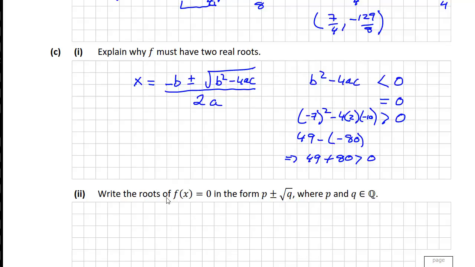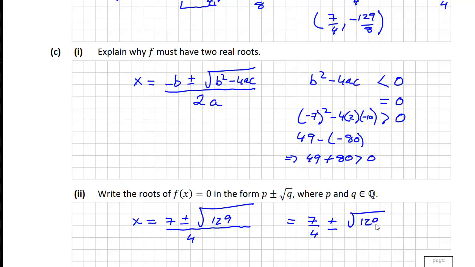And for part 2, we want to write the roots of f of x equals 0 in this form. Well, we nearly have this done. So x is equal to minus b, which is minus minus 7, which is 7, plus or minus the square root. We just calculated this to be 129. That's all over 2 times a, which is 4. So that is equal to 7 over 4 plus or minus the square root of 129 over 4.